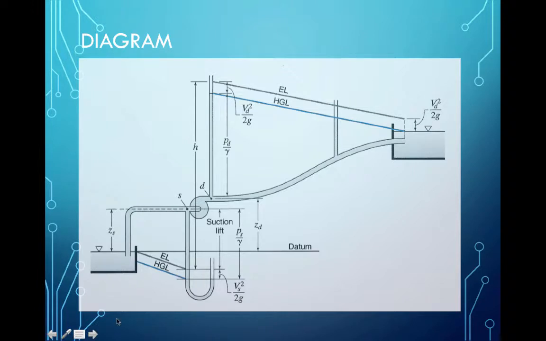So returning to this diagram, here we have our datum, in this case, which is set equal to the water level in the left reservoir. And here we have a water level in the right reservoir. We have this distance that I'm drawing, which will be called the static lift.